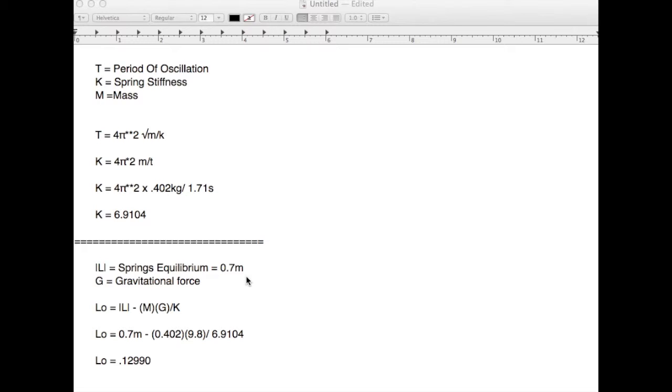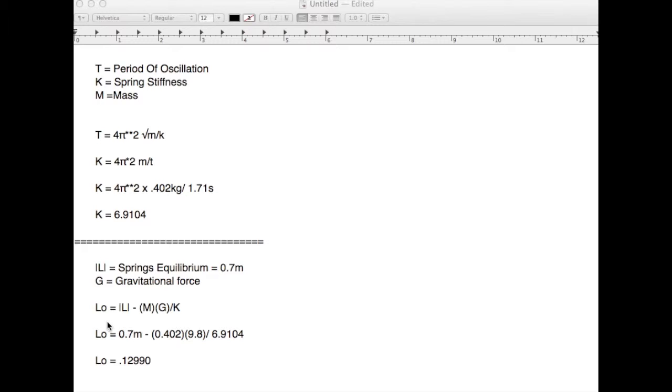With 0.402 kilograms on the spring and its stiffness k being 6.9104, the spring's length in equilibrium is 0.7 meters. Now we're trying to solve for L0, the relaxed length of the spring.